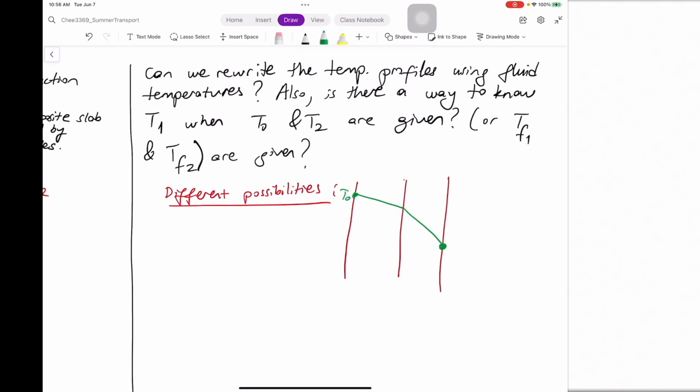Imagine your T0 and T2 are given, but you can have all sorts of different T1 values. Is it scenario 1, 2, or 3? We don't know.